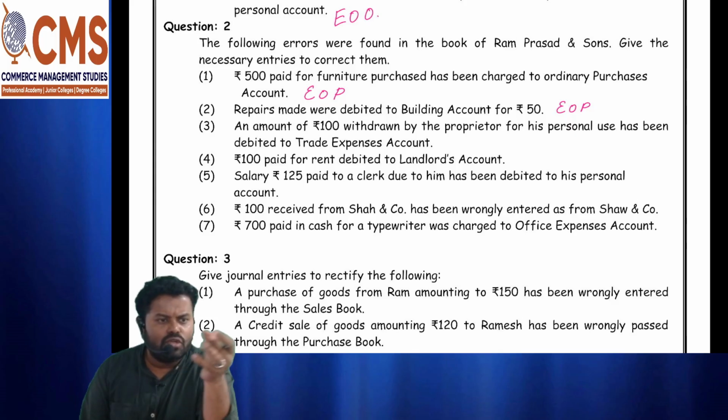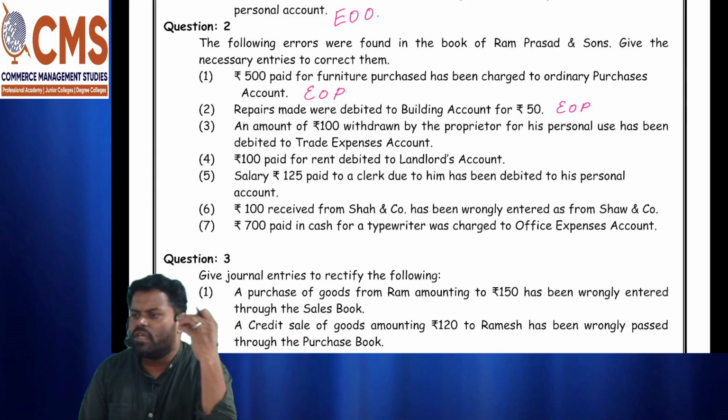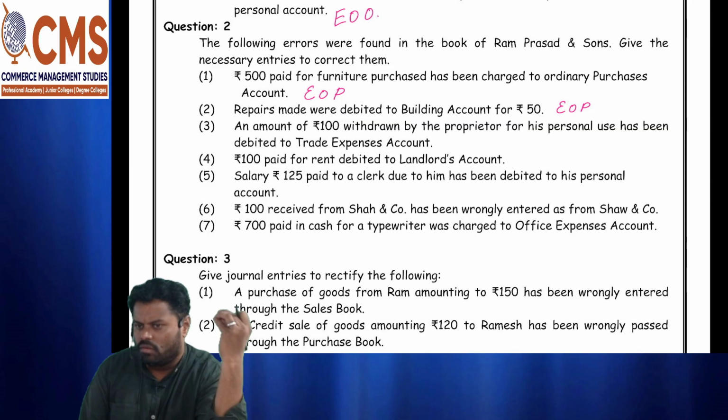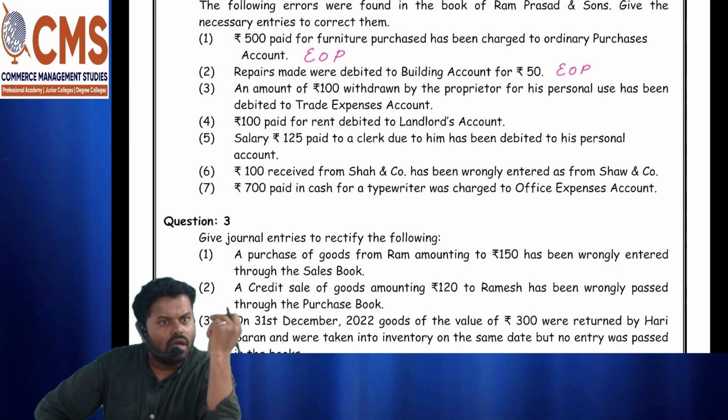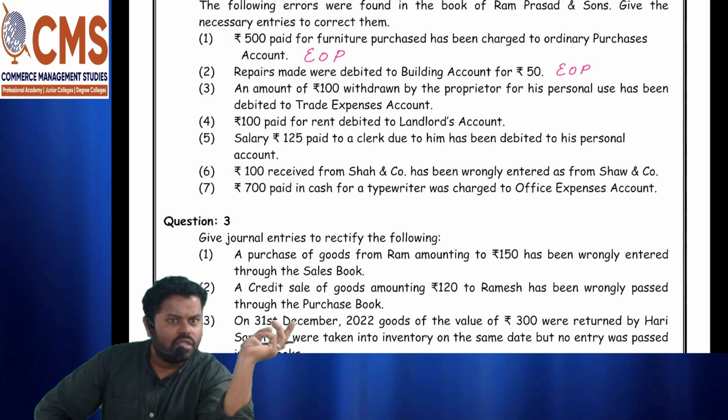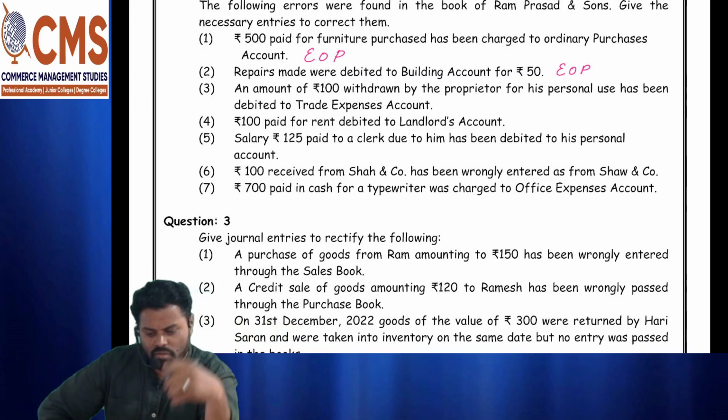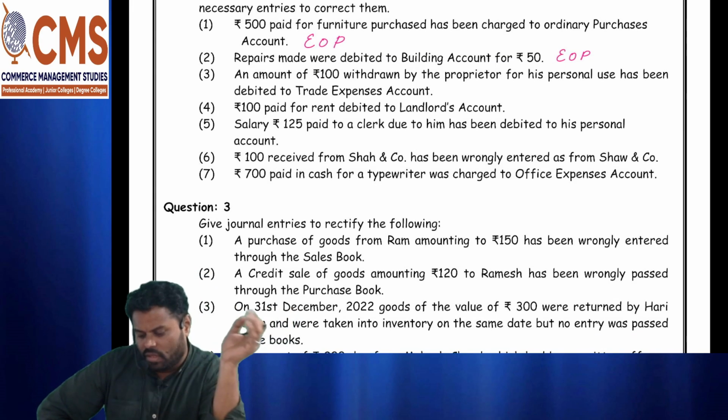Repairs account debit to building account, or to be specific, repairs to building account debit to building account. I don't understand what repair he did with 50 rupees. Maybe he purchased some nails and switches.